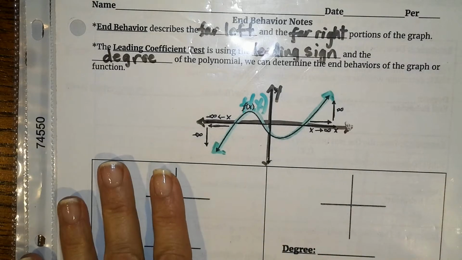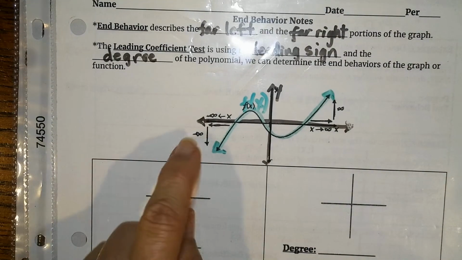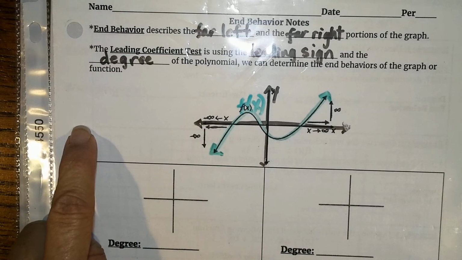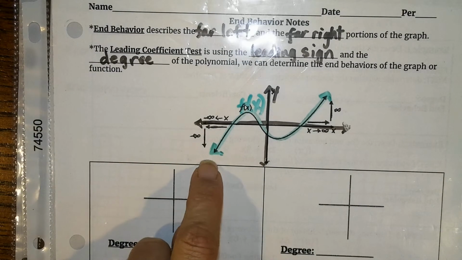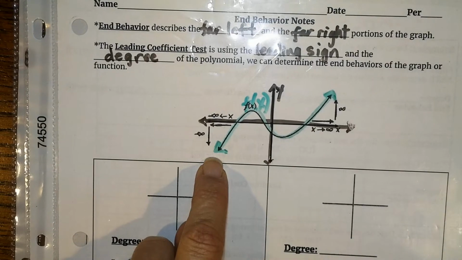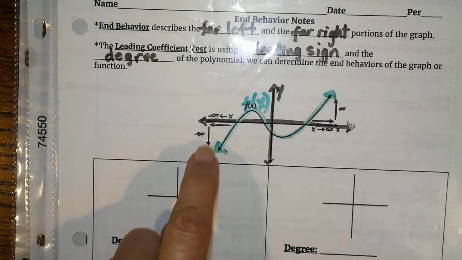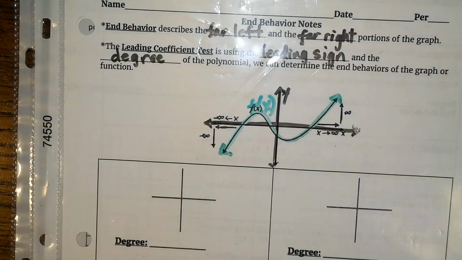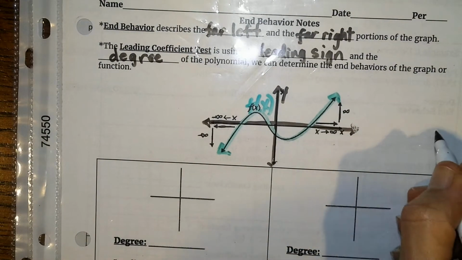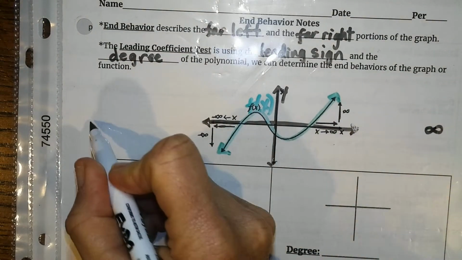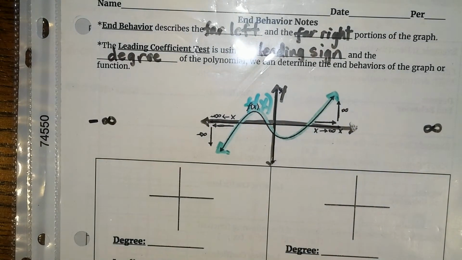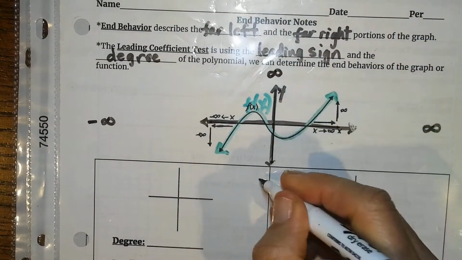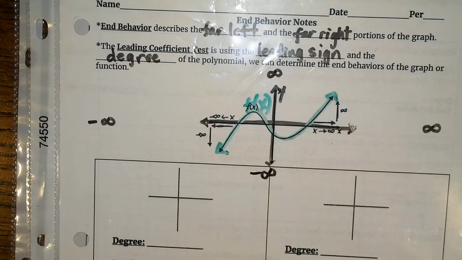If we look at the left side, we say as x approaches negative infinity, then this end of the green line, the polynomial, approaches negative infinity because it's going to keep going down and down and down. So infinity is all the way out here, negative infinity is all the way out here, positive infinity for the y is here, and negative is here.